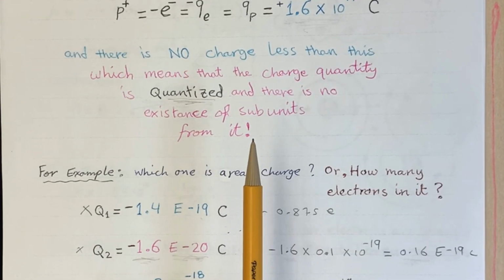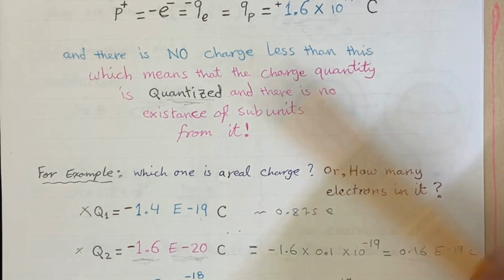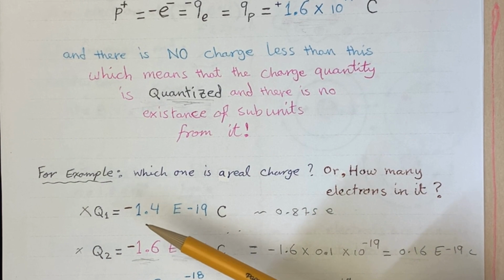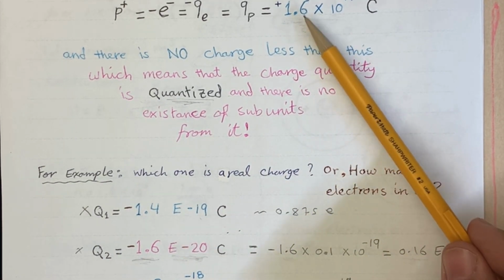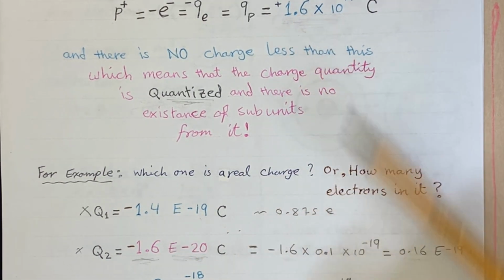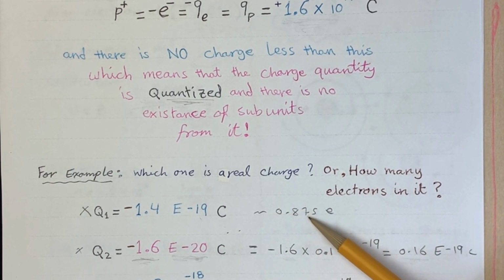The scale is 10 to the negative 19, the same as the electron charge I'm talking about. 1.4 is smaller than the electron charge, and if we divide 1.4 over 1.6 it is almost 0.875 of an electron. We don't have any charge like this.